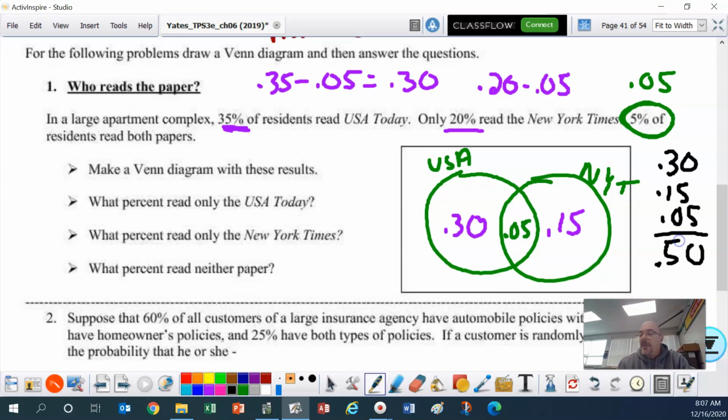So half of the people are reading the newspaper. That means half the people are not. That would be on the outside of the circle, not reading those papers. 50% are in both circles altogether, and 50% are on the outside.